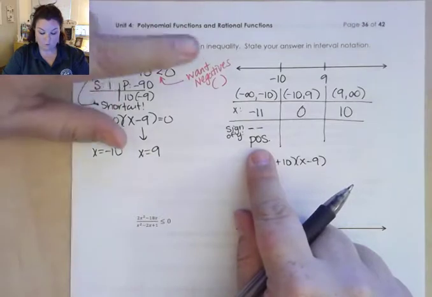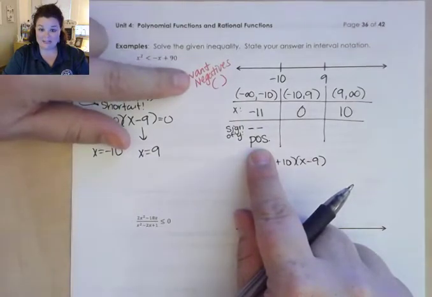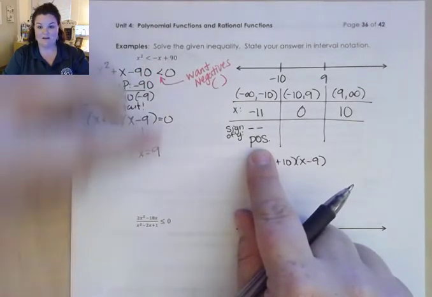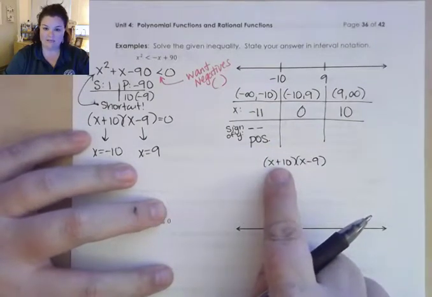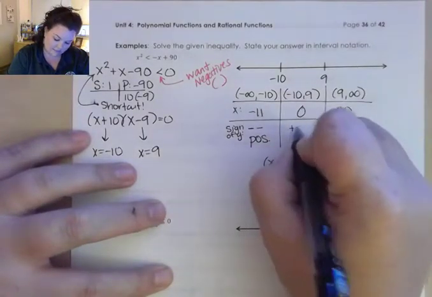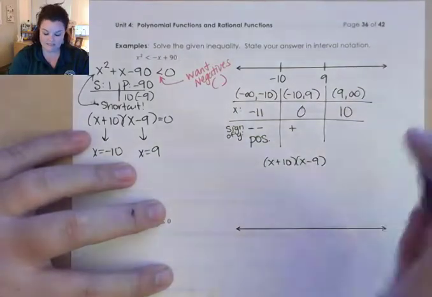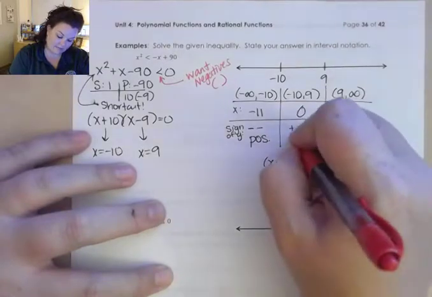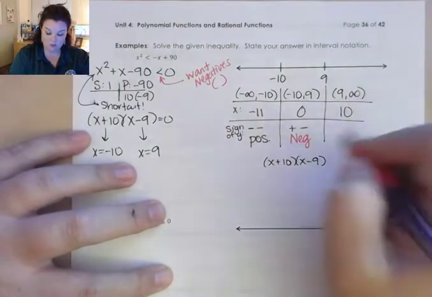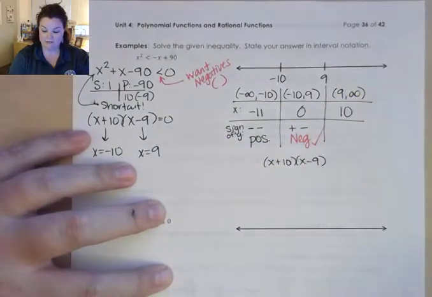And notice we don't want positive intervals, we want negative intervals because we had a less than. Okay, then we check 0. If I plug 0 in, 0 plus 10 is positive, 0 minus 9 is negative, and a positive times a negative gives us a negative interval, which we do want, right? That's what we're looking for.